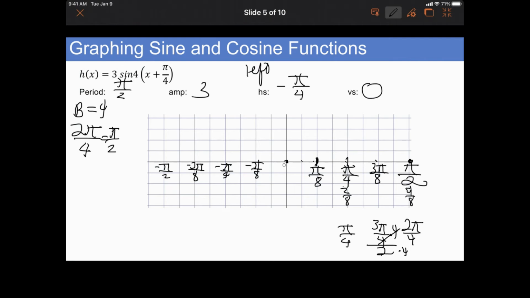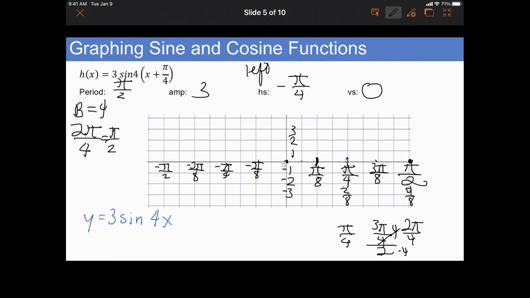And I think for this one, I like to do an intermediate graph. And I like to do one that has everything except the phase shift. I always like to graph that first. Because for me, once I have that, the shift is easier. So we have our period. And we're going to do amplitude.